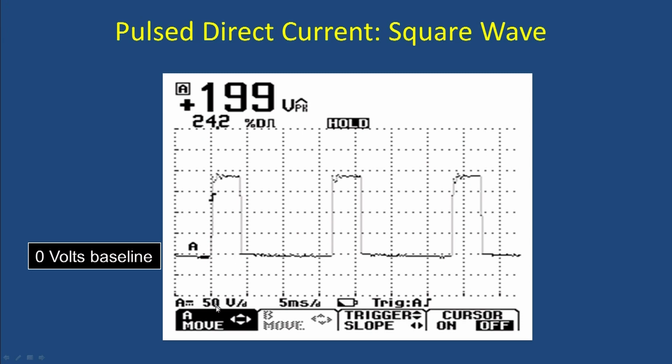And we've got 50 volts per division, so this is the 0 voltage line, so 50, 100, 150, 200, slightly less than 200. Also, the baseline starts slightly below the grid here, so about 199 peak volts, and that's denoted here, volt peak.